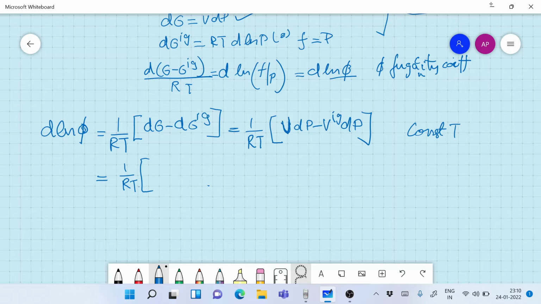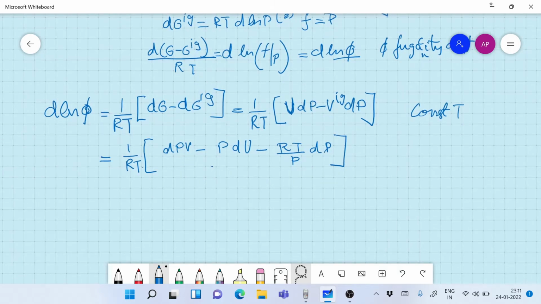Okay, but VdP can be written as d(PV) minus PdV, and V ideal gas can be written as RT by P dP. Now, as you can see, we get opportunity to really simplify this expression and solve it out.